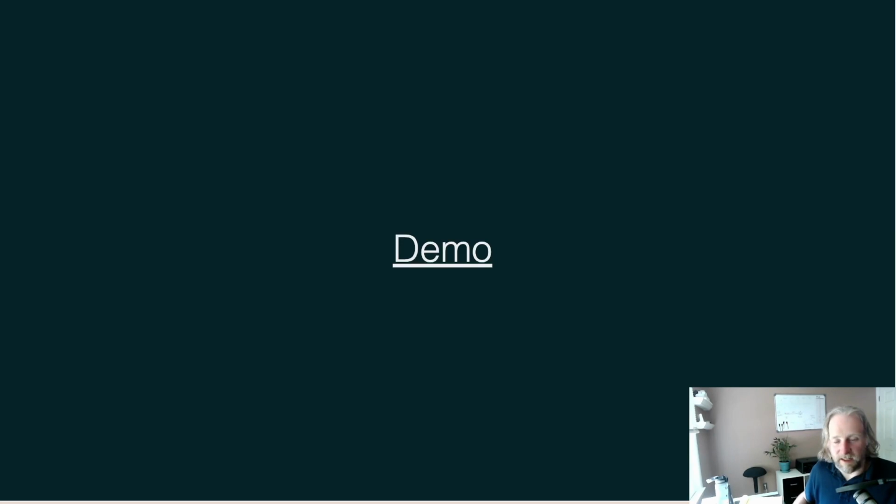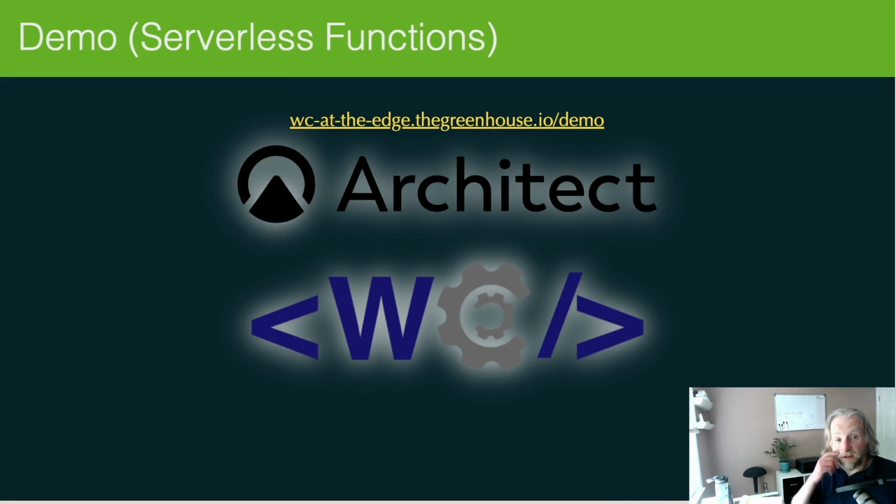So let's get to the demo. So I've got a couple examples running in serverless functions and edge functions. So for the serverless example, I'll be using Architect, which is a framework for working with AWS, and my own tool that I've been working on called Web Components Compiler.